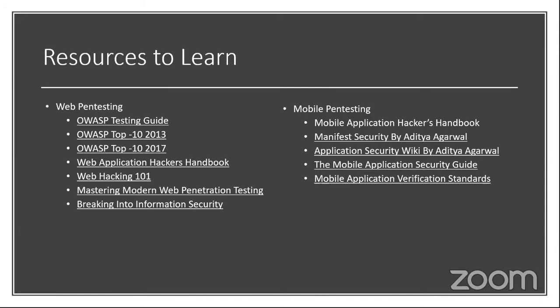Once you start understanding all this, for example, today you start learning A1 Injection, OWASP Top 10 number one. What kind of vulnerabilities come under injection? Be it OS command injection, SQL injection, LDAP injection, etc. There are various vulnerabilities that come under the injection part.